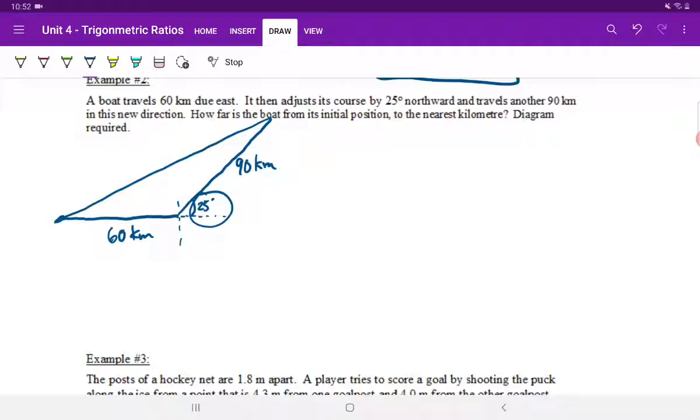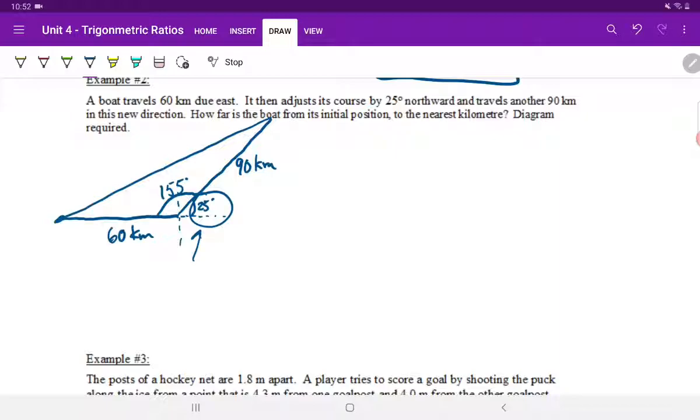Okay? If you know this angle here, can you find this angle here? Well, the two angles there, they're supplementary angles, and we know that supplementary angles should add up to 180. So that angle in there should actually be 180 minus 25, okay, which is 155.